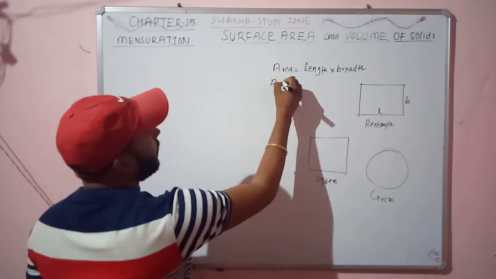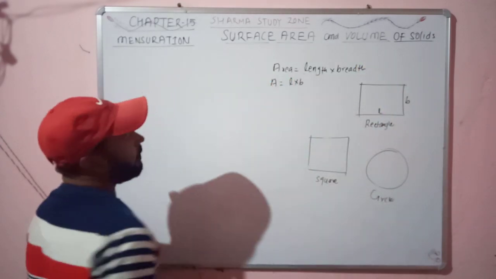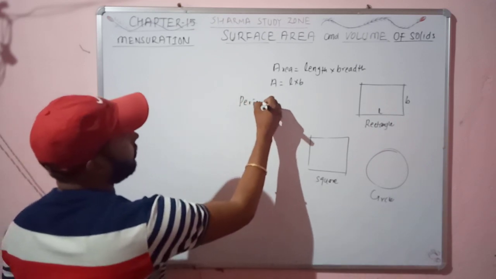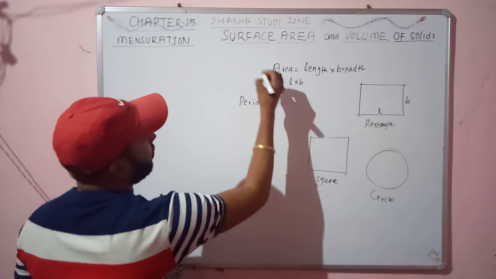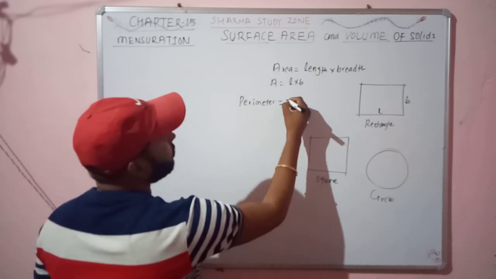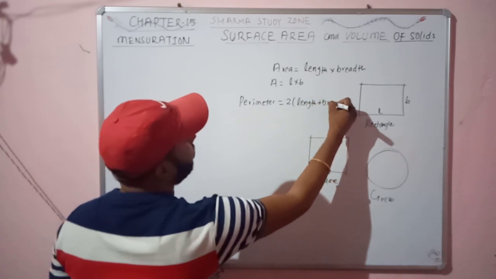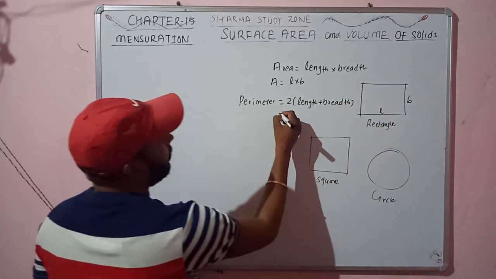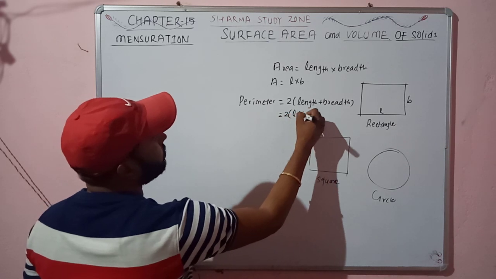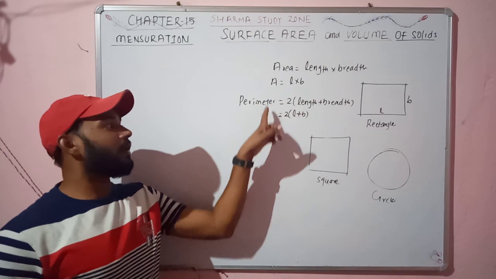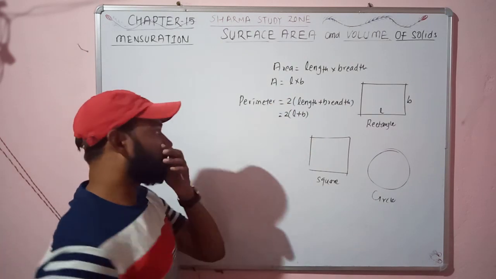We can also write it as L into B. And we also know the perimeter of a rectangle, which is equal to 2 into (length plus breadth). It can be written as 2 into (L plus B). These are the formulas for the area and the perimeter of the rectangle.